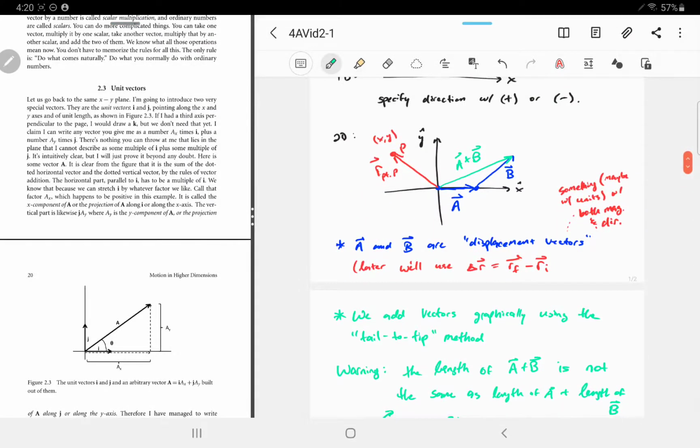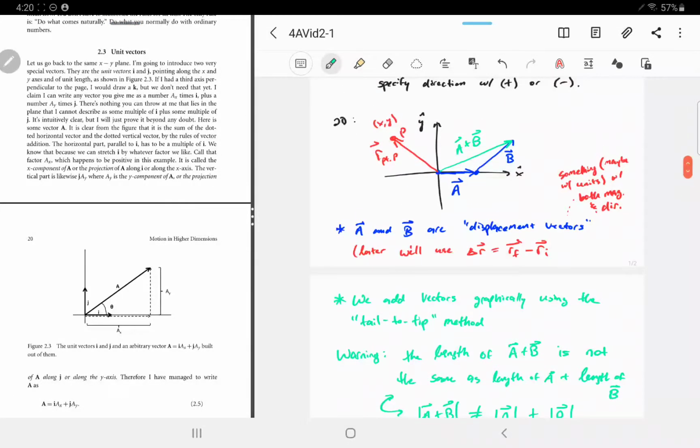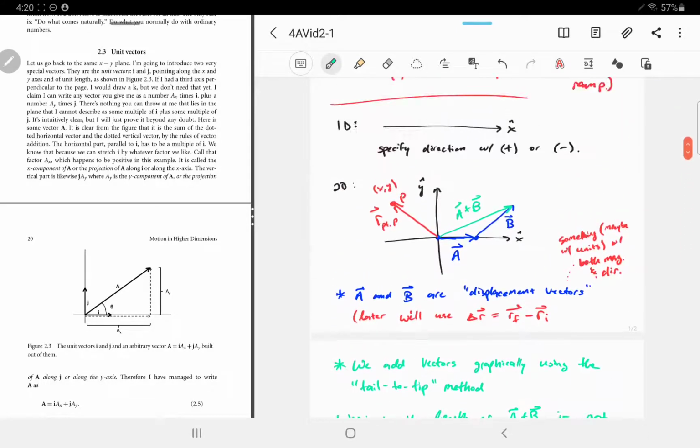Okay, so the point of section 2.3 is that we want to make this a little bit more quantitative, right? So suppose A were, what did I say before, 1 mile? And suppose B was 1.5 miles. And that angle right there is 45 degrees.